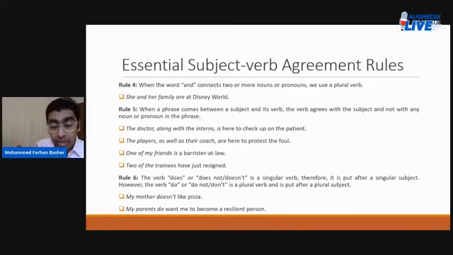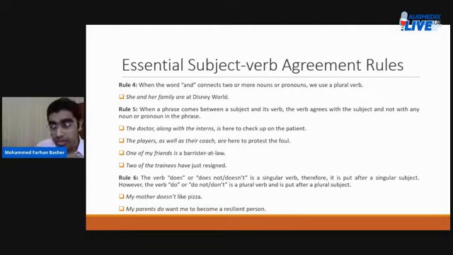Similarly, we say the players, as well as their coach, are here to protest the foul. Note, the verb are is not agreeing with both the players and the coach. The verb are is only agreeing with the head subject, which is the players, right?